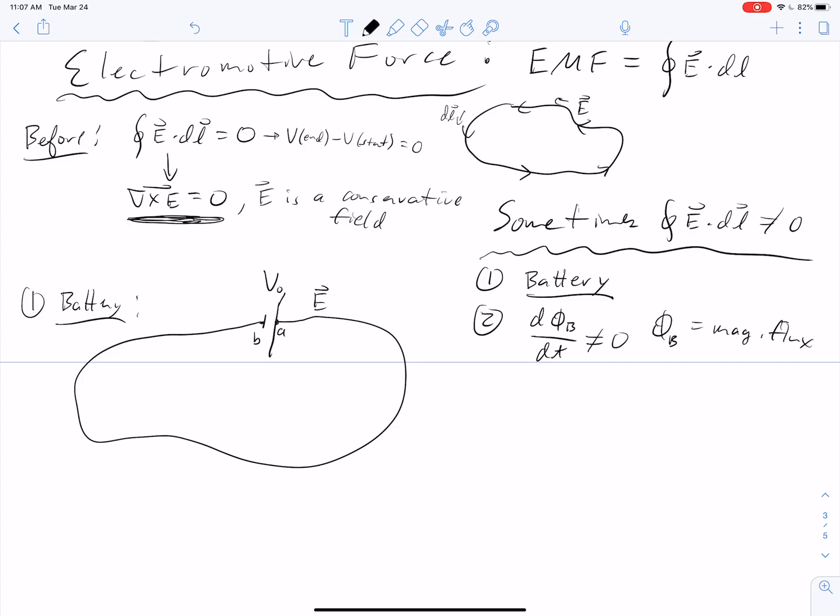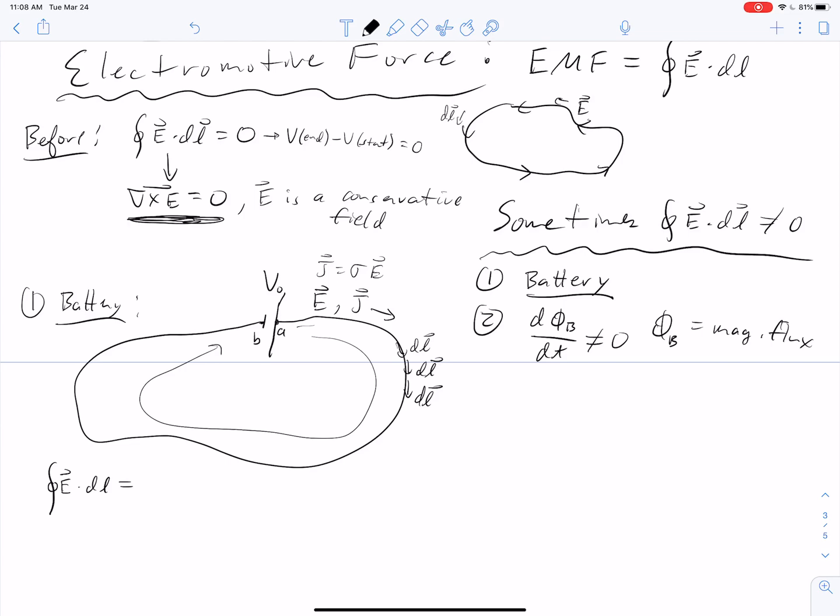Because there's a J, and J is equal to sigma E. That's Ohm's law. Now there's some electric field in this direction, so for this battery case we can integrate the electric field dot dl for every little dl. We're just going to walk along that loop and do that whole integral from one side all the way to the other side. And then the question is, what's the answer?